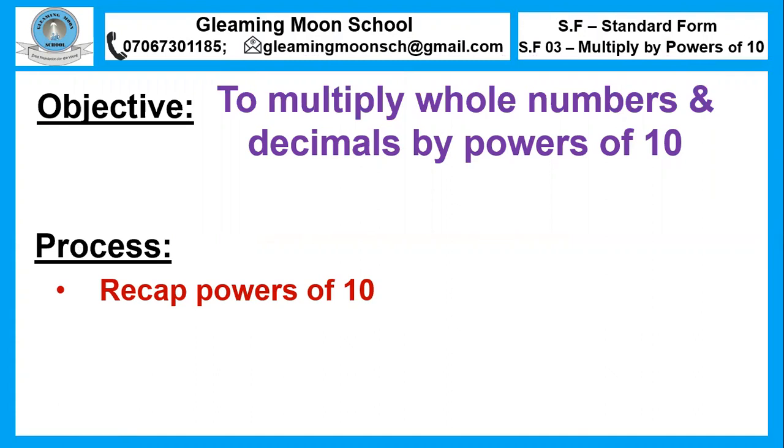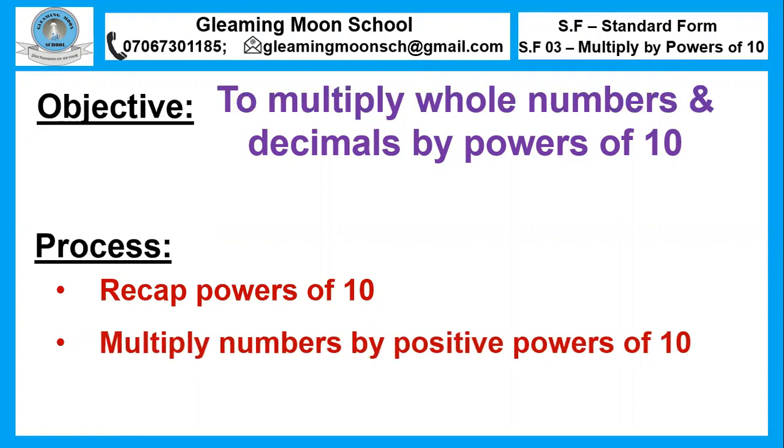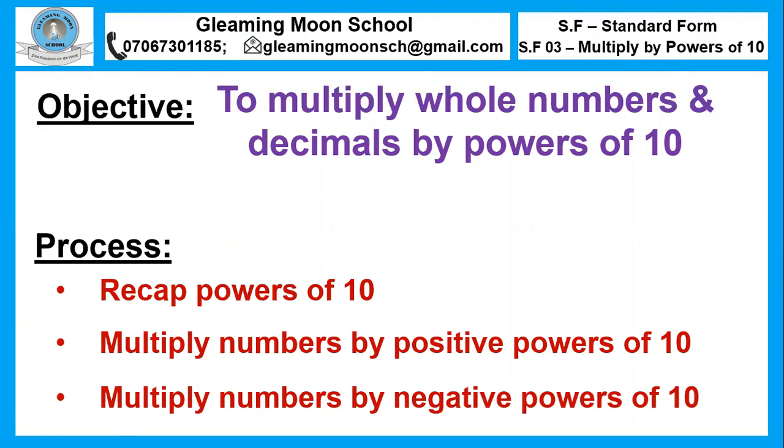If you haven't watched our video SF01 powers of 10, I suggest you watch it now because you need that skill in order to understand what we are doing in this video, okay? And once we've done our recap, we multiply numbers by positive powers of 10. So we'll look at how to multiply when the power of 10 is positive. And then we also look at how to multiply when the power of 10 is negative.